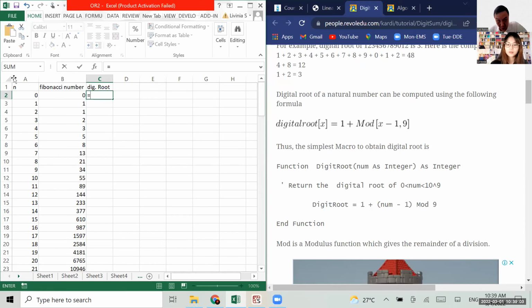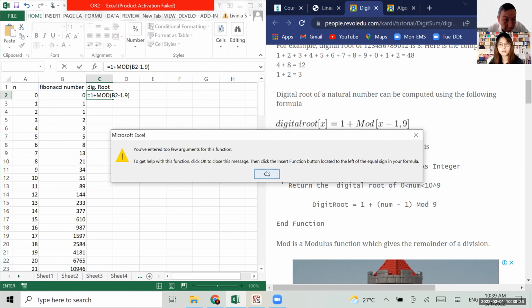In Excel, that would be equal 1, and then mod, where x is the Fibonacci number, minus 1, comma 9. This one. Minus, yes, minus 1, comma 9. Close it.